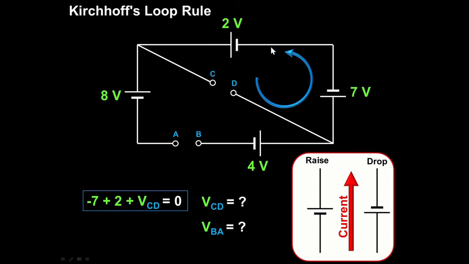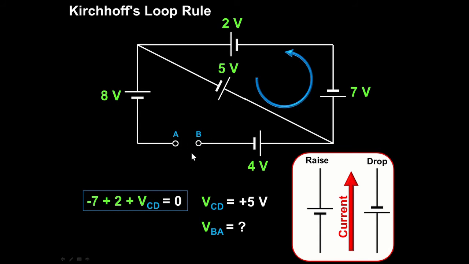So a drop of 7 and a raise of 2, plus whatever this is, should equal 0. There should be no net difference. When you solve for that, you find that this voltage here, across here and here, should be 5 volts. So it's just like there's a battery there that's 5 volts in the normal direction of output.